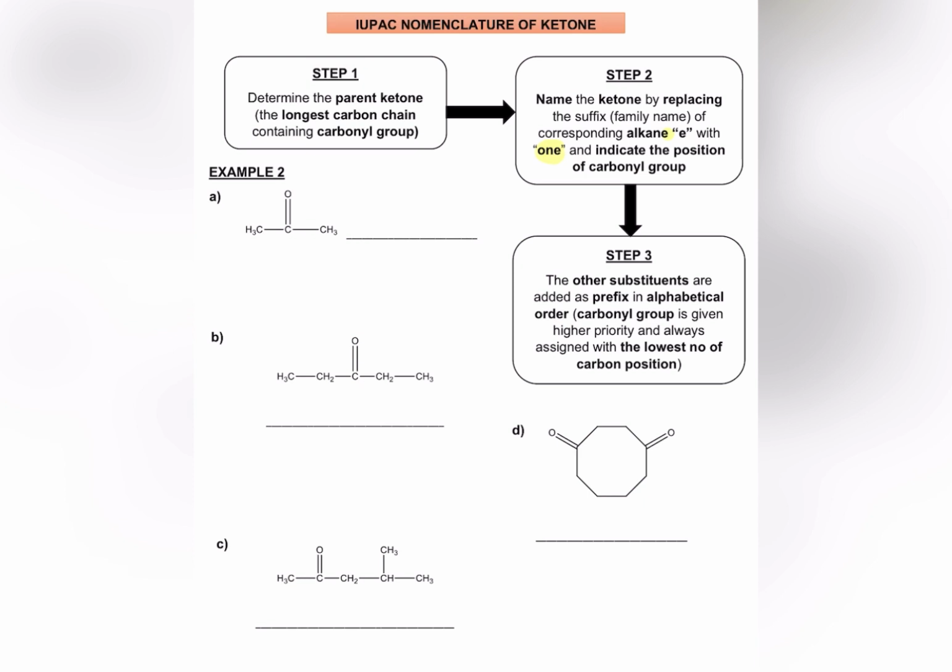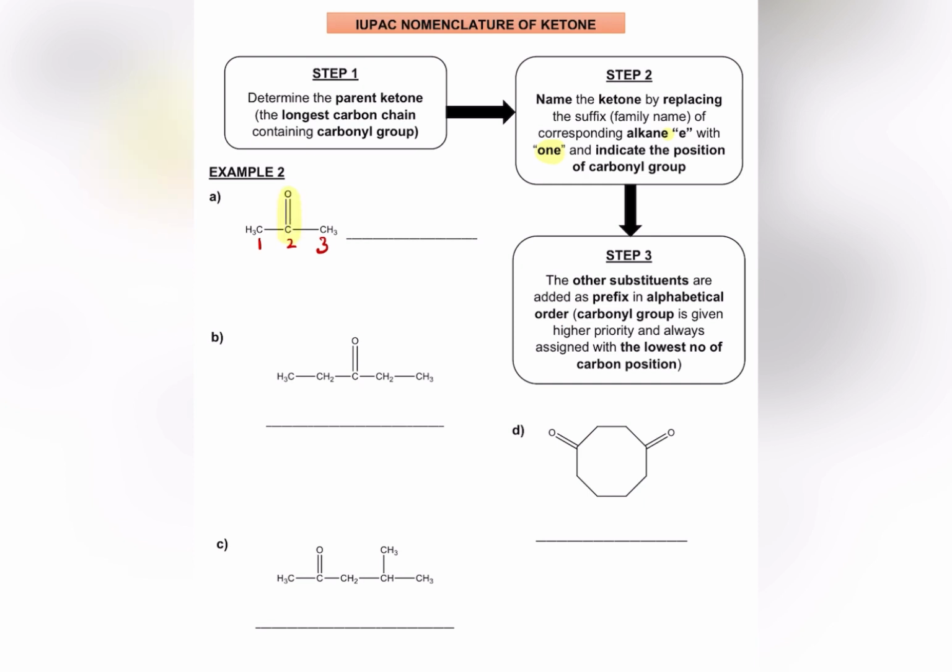So now I'm going to show you example 2a, how I want to give the name for this structure. This is where you have 3 carbon atoms, the longest carbon chain, where I can start from whichever side I want. It is just the same. So this is the first, second, and third. As you see here, at the second carbon you have the double bond O, so this is the carbon that holds the carbonyl group.